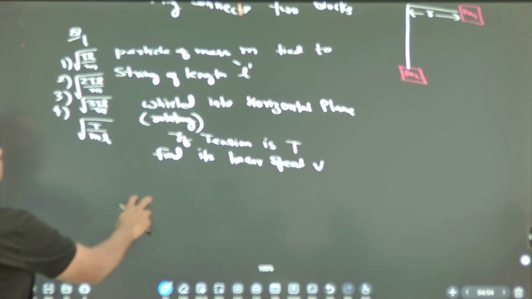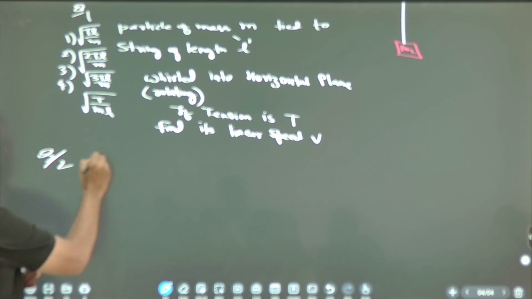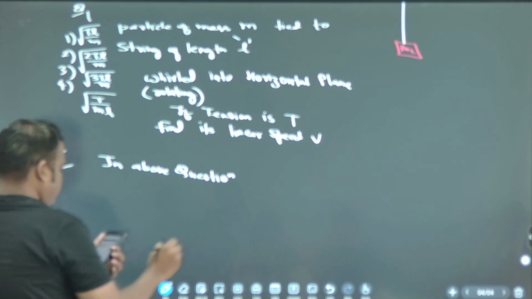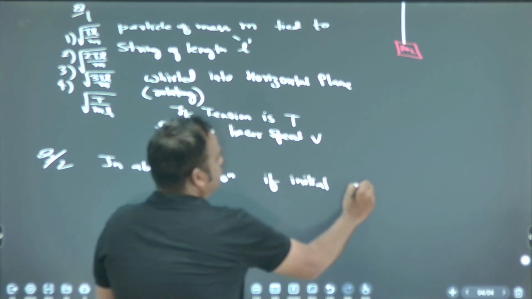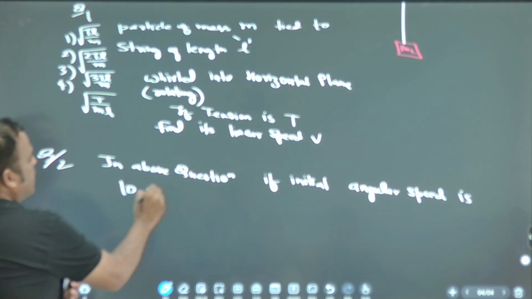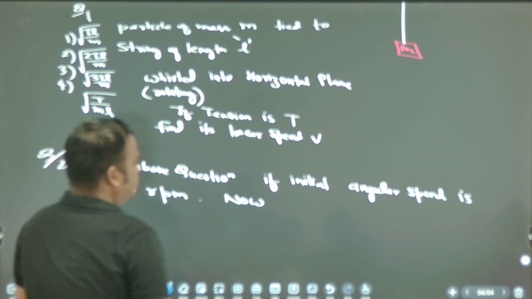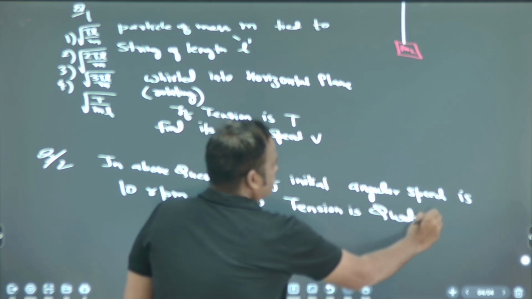Okay, note down. In the above question, if the initial angular speed is 10 rpm, now the tension is quadrupled.